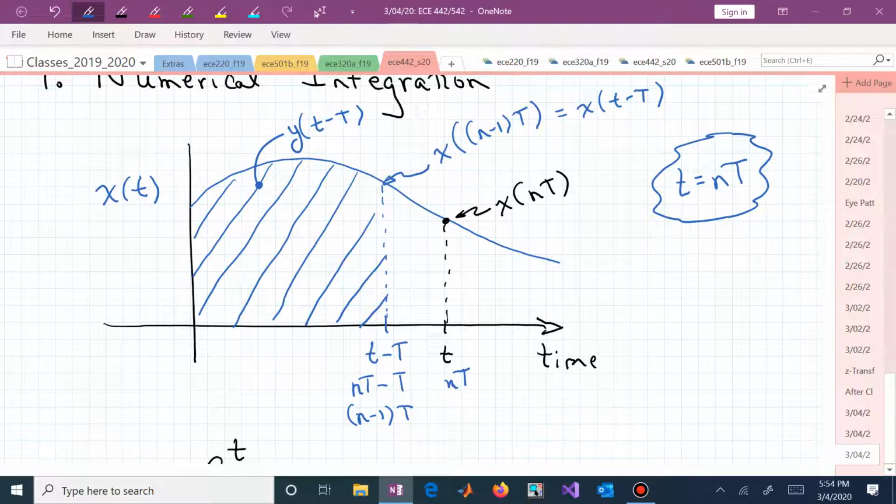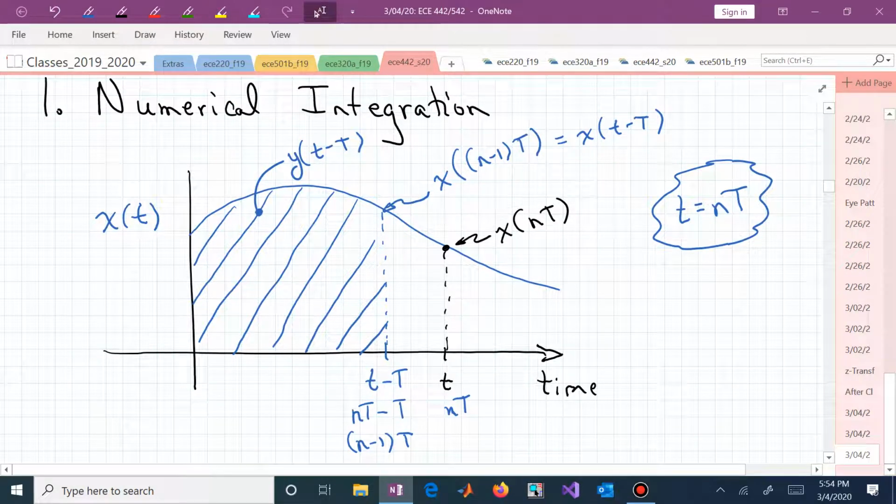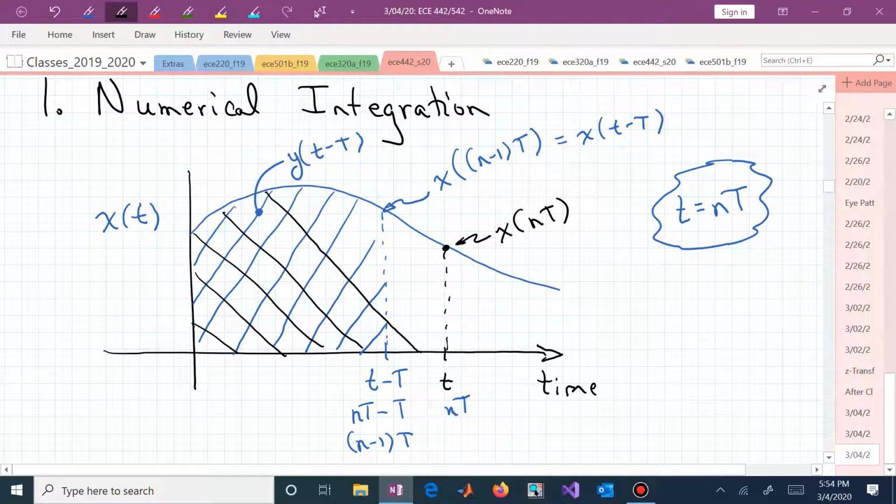Now, if we said, what's the area under the curve up to time t, or little n capital T, that's now this. Do you see we've now added on a little bit more?